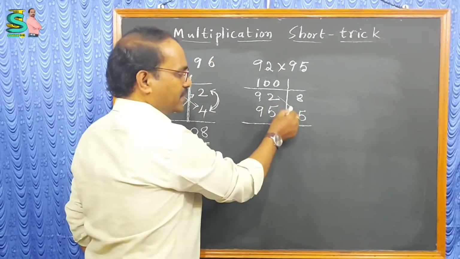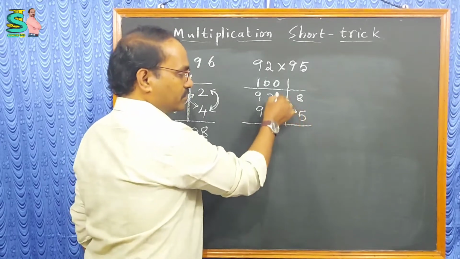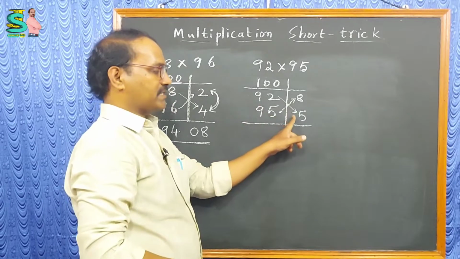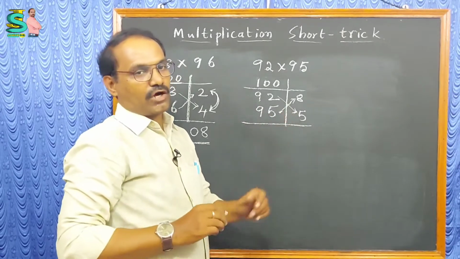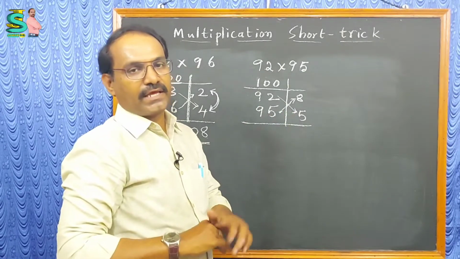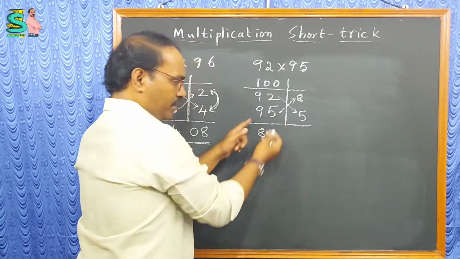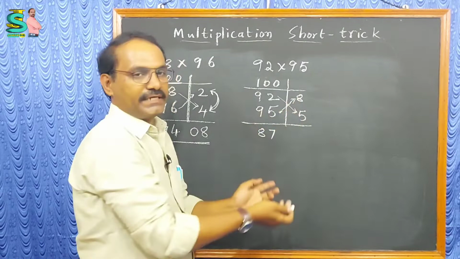Now subtraction, not these two, cross. 92 minus 5, how much? 87. Or these two also 87 only.